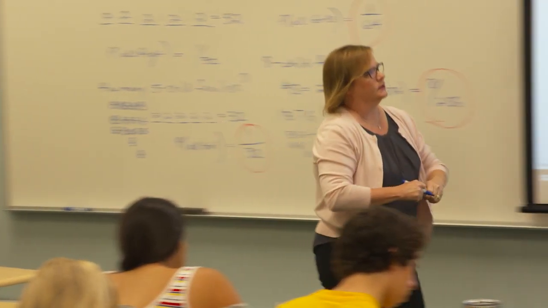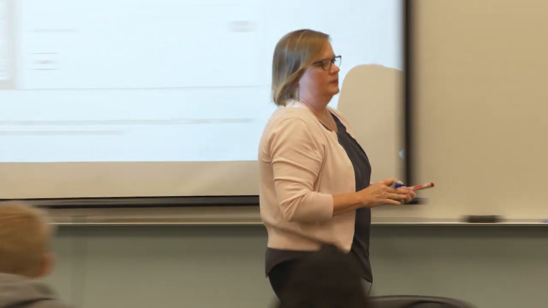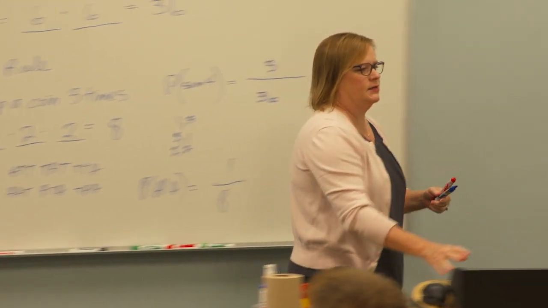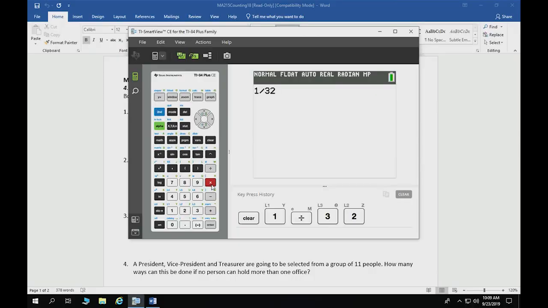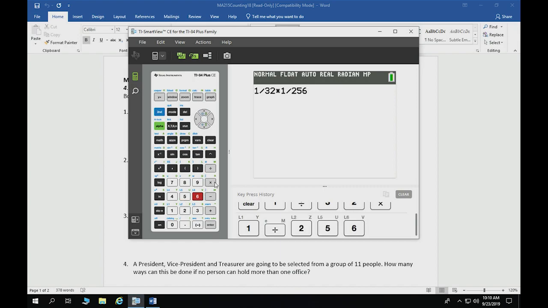So let's do that on the calculator. So you can take, what, 1 out of 32, and we'll multiply that by 1 out of 256, and then multiply that by the 8.